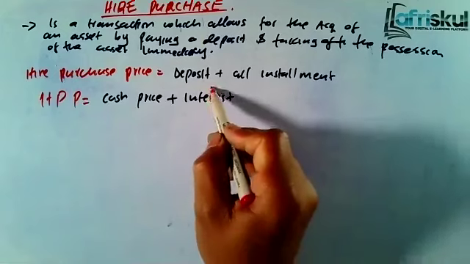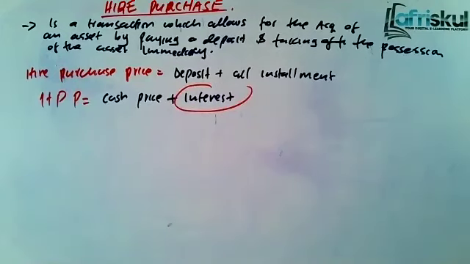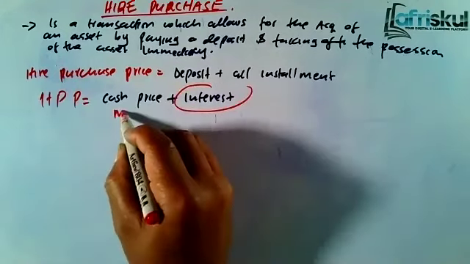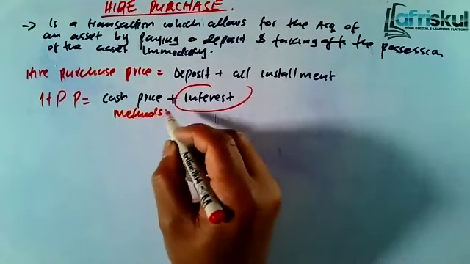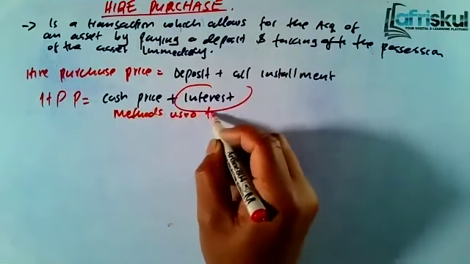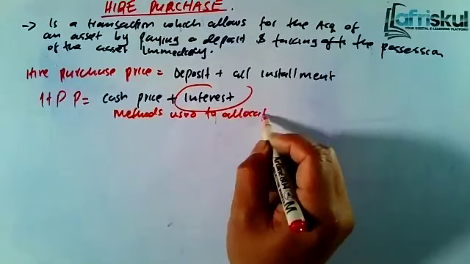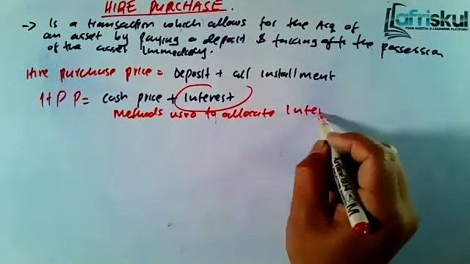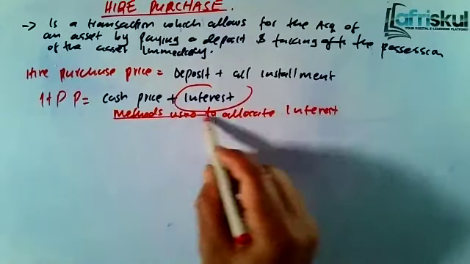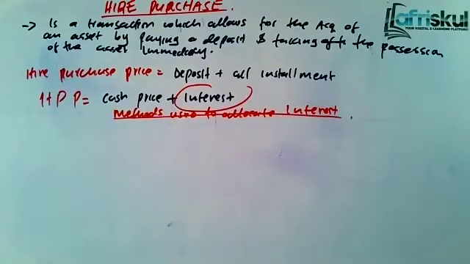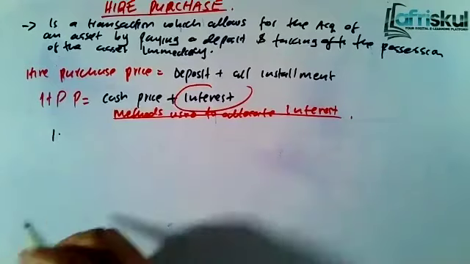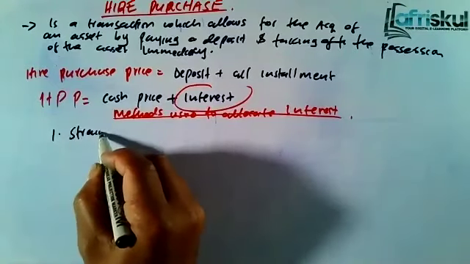Now, when getting this interest, what methods can we use to allocate the interest? One of the methods is the straight line method.